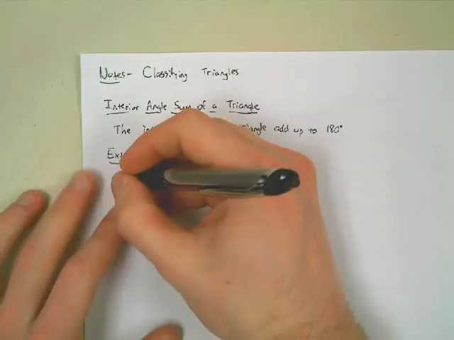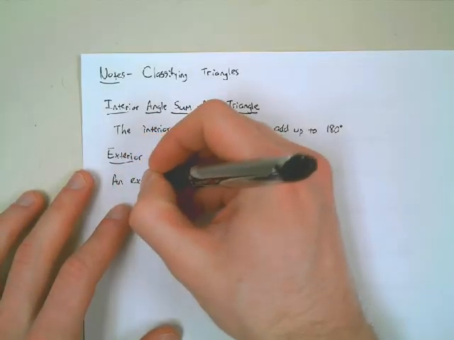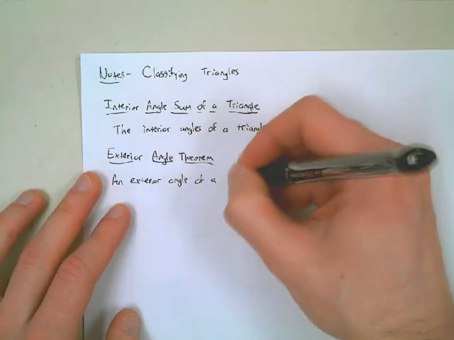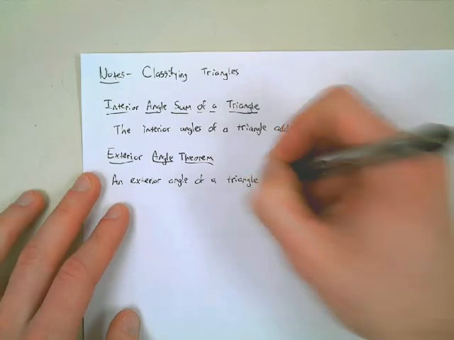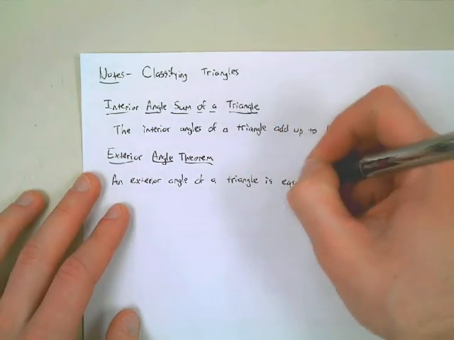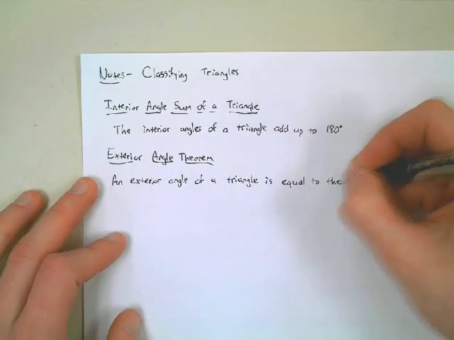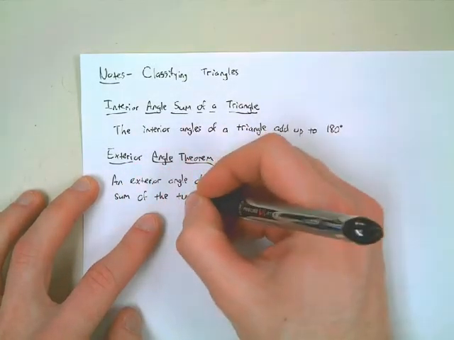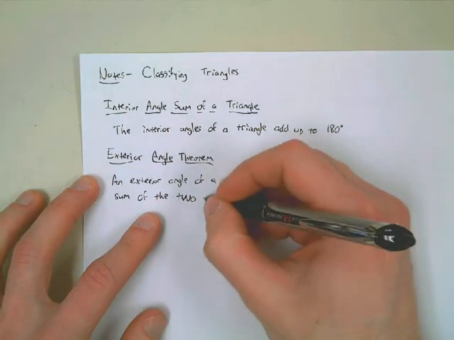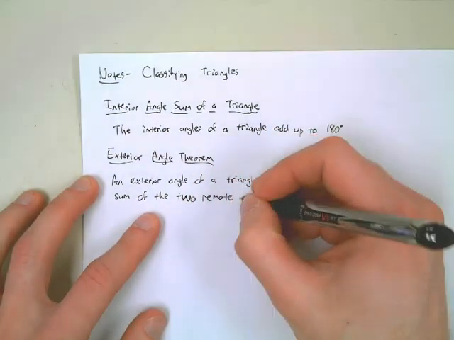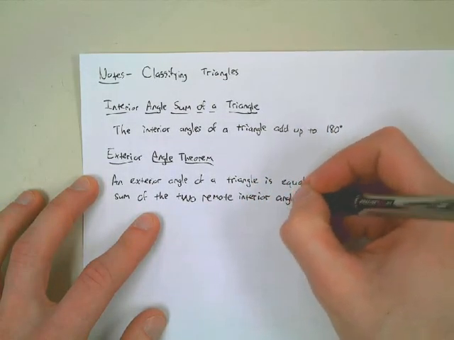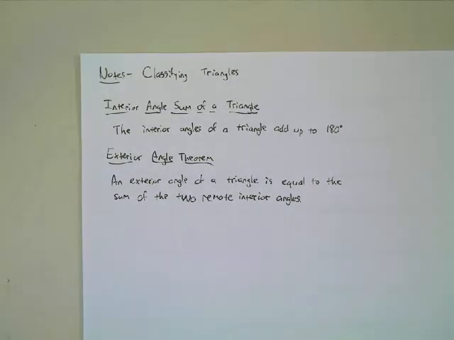An exterior angle of a triangle is equal to the sum of the two remote interior angles.